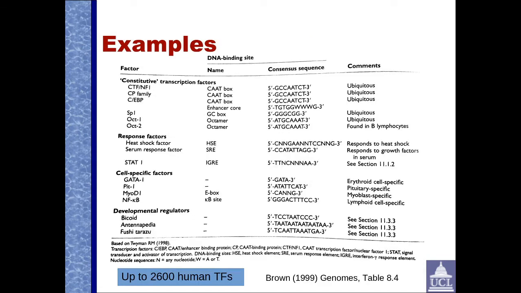Now, I apologise that the scanning of this picture is not very straight, but here we just see a few examples of transcription factors and their binding sites taken from the 1999 edition of the Brown Genomes book. We now believe that there are as many as 2,600 different human transcription factors.